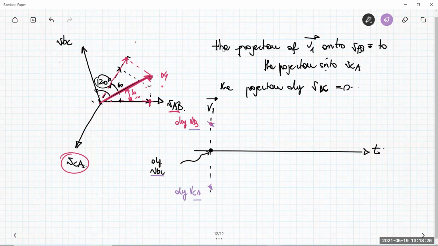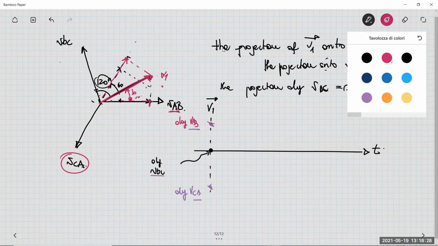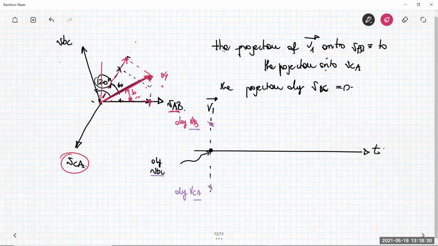Consider what happens to the vector V2, for example. The vector V2 is vertical. Now there is no problem in drawing this. So what happens if I get the projection of this vector along these 3 axes, VAB, VBC, and VCA? For sure, I have no projection along VAB. So let me put another axis here, considering V2.